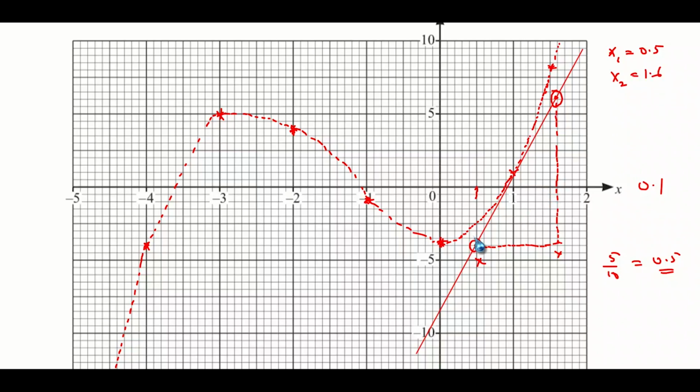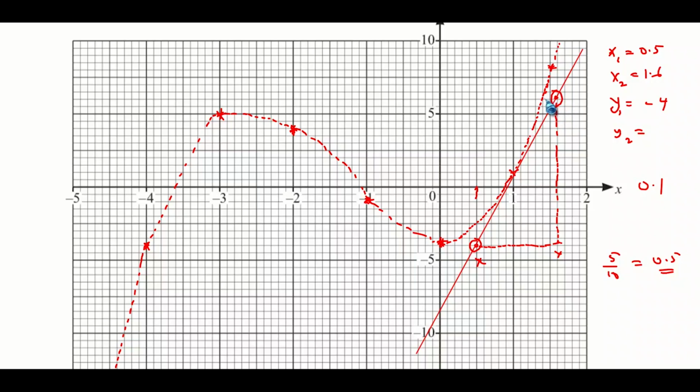Good. So let's say the value of y. y1 will be equal to this one here. This is minus 4. So this will be minus 4. Then y2, let's see the value of y2 here.